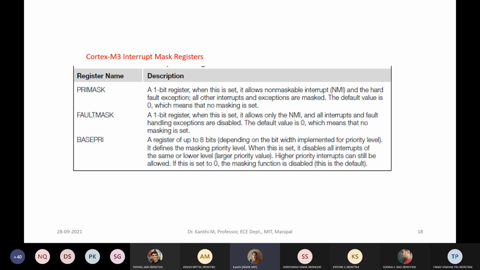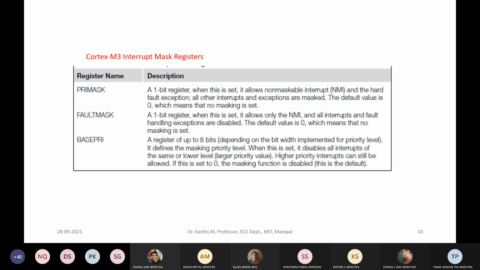Hard, in the sense of very time critical tasks, like hard real time and soft real time. It allows the non-maskable interrupt and the hard fault exception. All other interrupts and exceptions are masked.